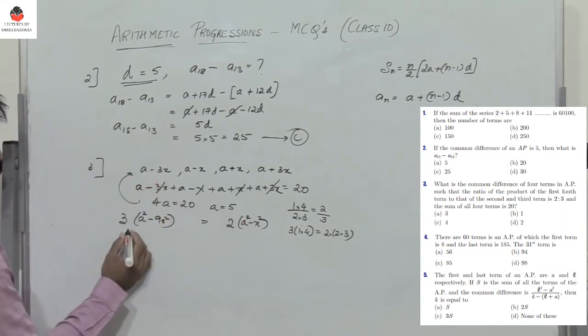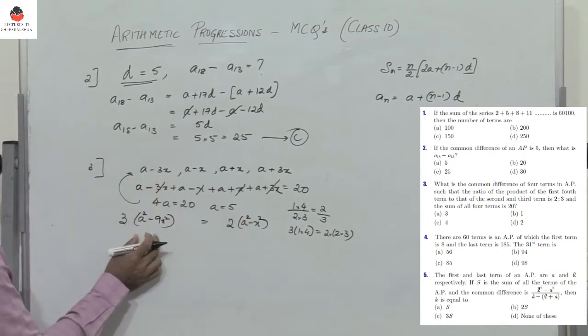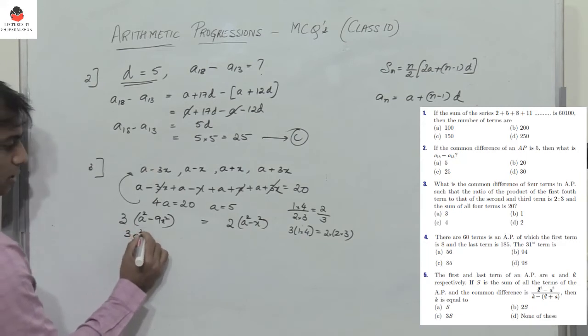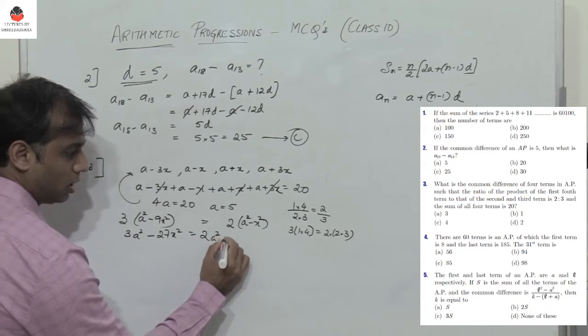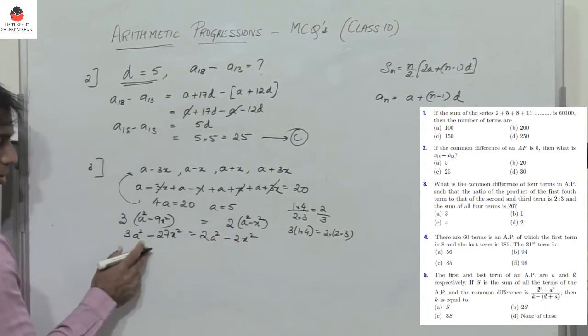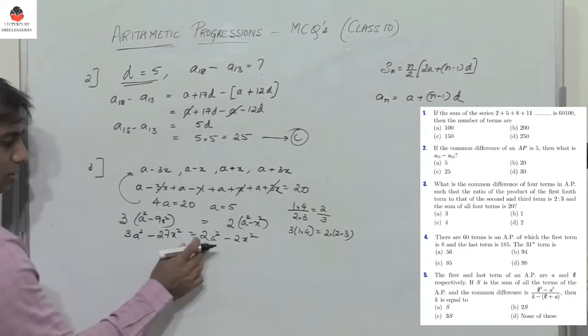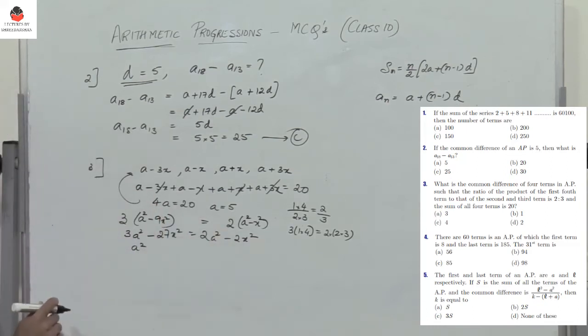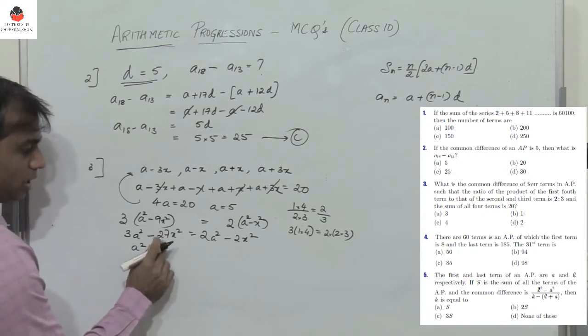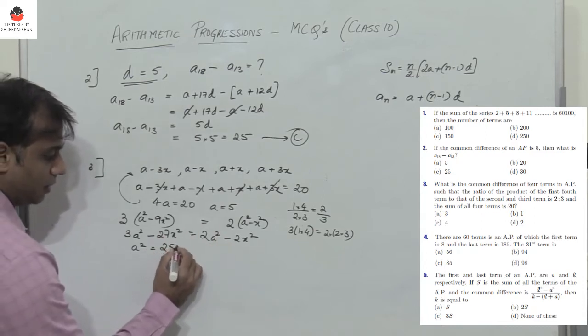I hope it's clear. So here if I expand, you would get 3a square minus 27x square equals 2a square minus 2x square. So I bring this to the other side. So you get 3a square minus 2a square gives me a square. This becomes plus 27x square. So you get 27 minus 2 is 25x square.